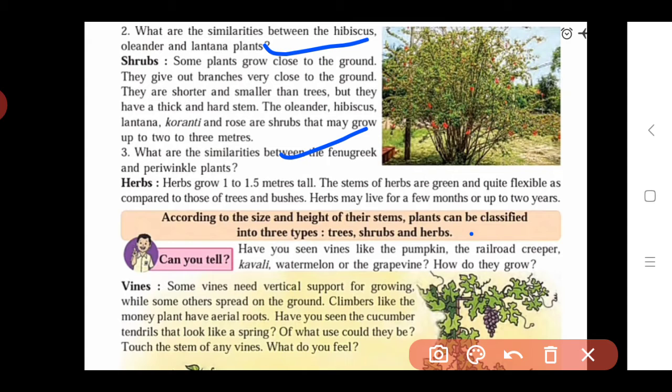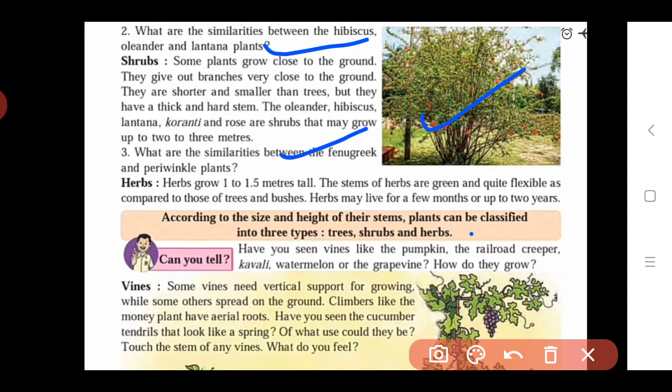If we see these examples, these are shrubs. We also see some other examples like oleander, hibiscus, lantana and coranti, and also rose plants. These are included in the shrubs. What are the features? They are short and smaller. They are very close to the ground. Their branches also arise from very close to the ground.